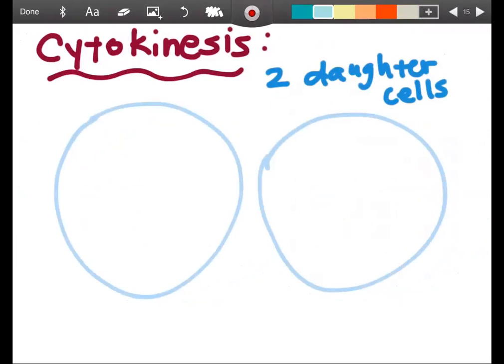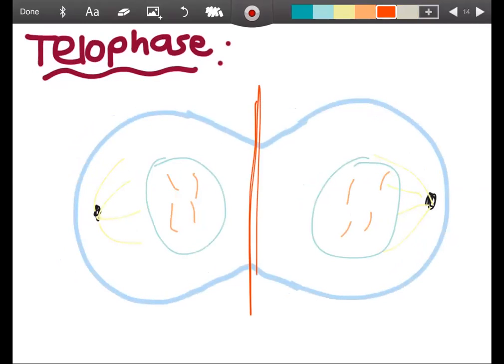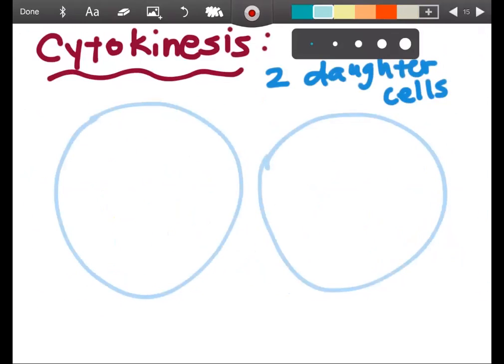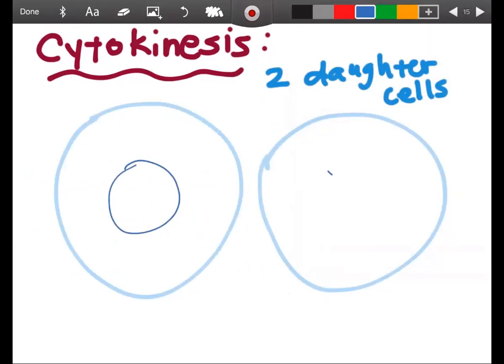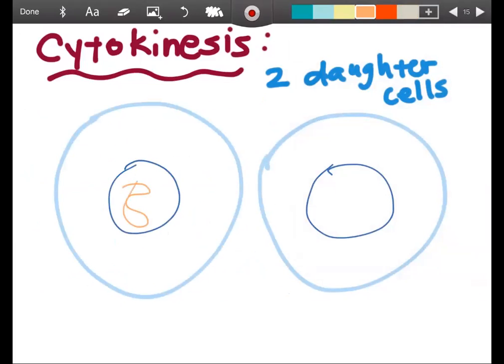What's happening with cytokinesis is it's going to break these two cells apart. It's going to cleave them right in the middle. And then we will, in the end, have two daughter cells. And these will each have their own copies of DNA.